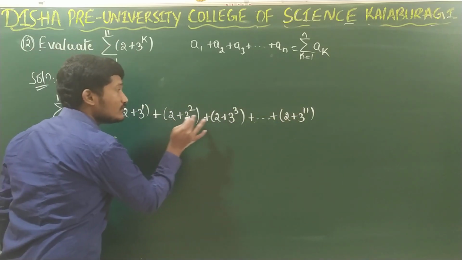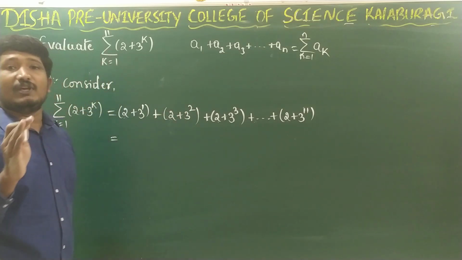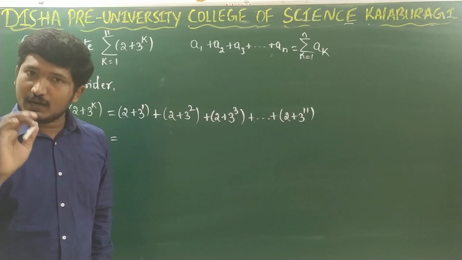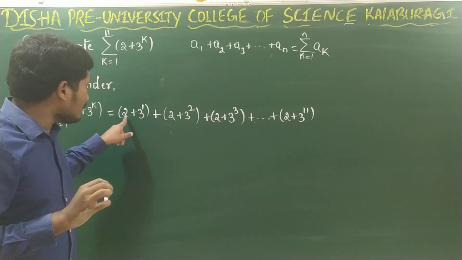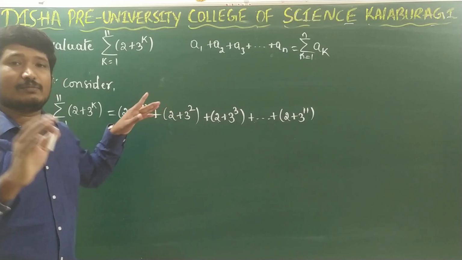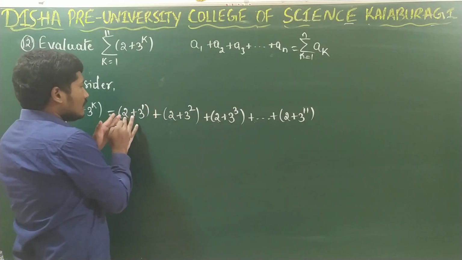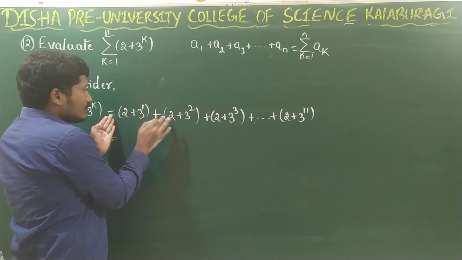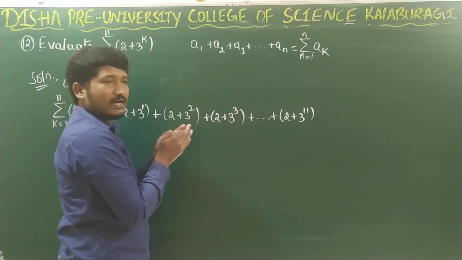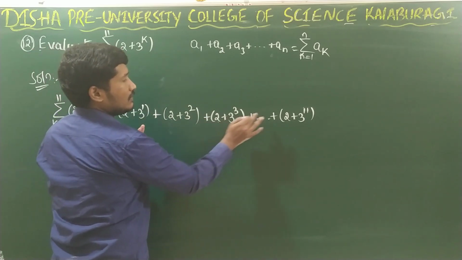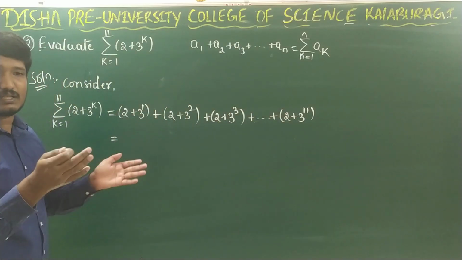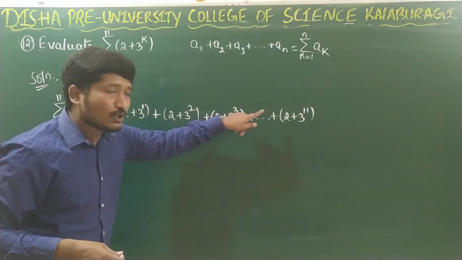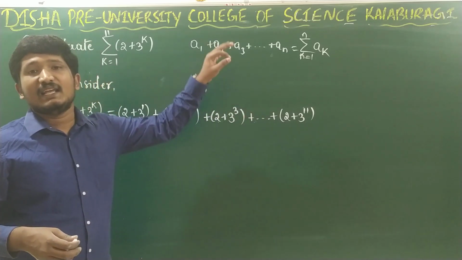So we are adding 2, 11 times. I hope you are understanding this. What I am doing here is just separating the like terms. That is, I am separating all the 2s on one side and the terms with 3 on the other side, writing them separately. So 2 is added 11 times.